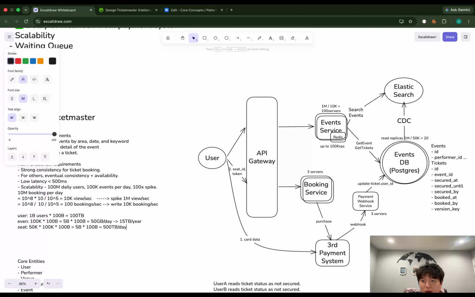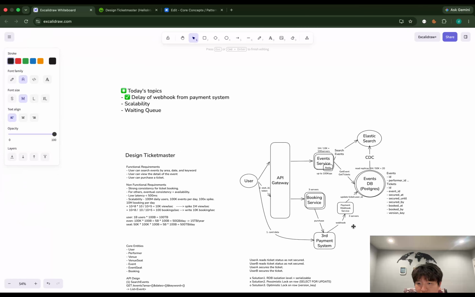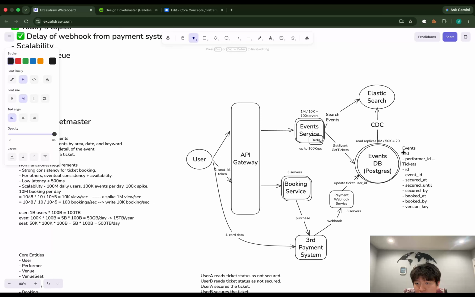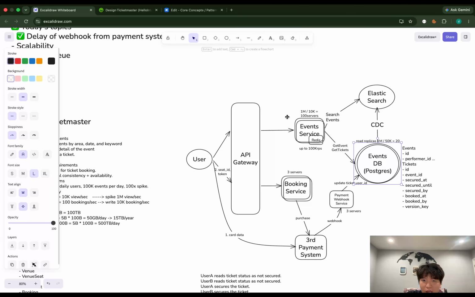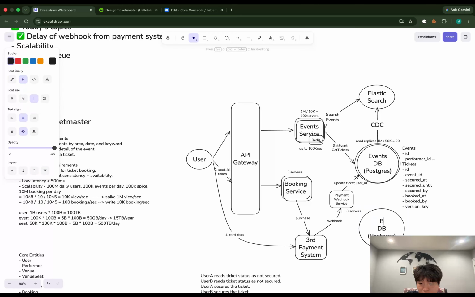So what I can do here is separate the database for seats and bookings. So I create a booking DB here and move the ticket and seat data and something like that here.